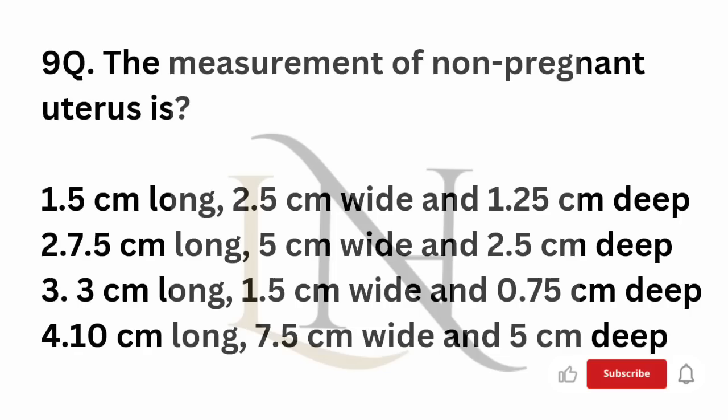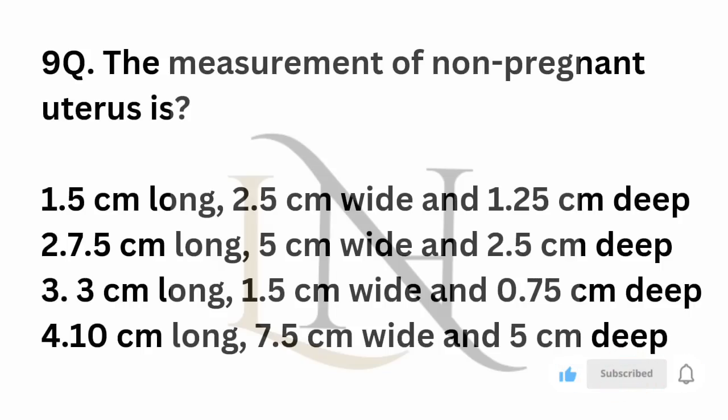Next, the measurement of non-pregnant uterus is option 1 5 centimeters long, 2.5 centimeters width and 1.25 centimeters deep. Option 2 7.5 centimeters long, 5 centimeters wide and 2.5 centimeters deep.